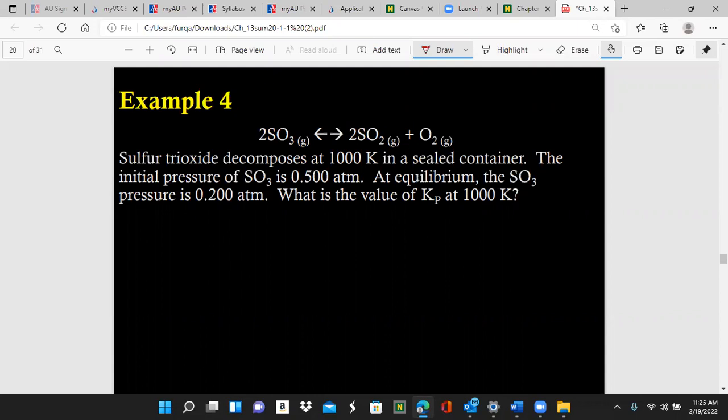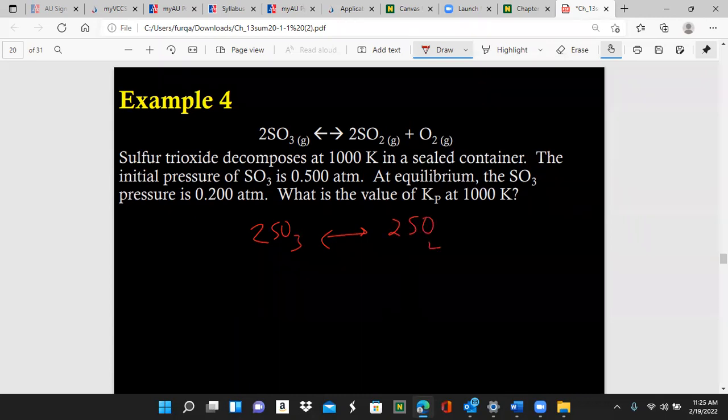Okay. So ICE chart means that you have to sort out the information in a table like this, where I usually use the balanced chemical equation. So I write the reactants and products first. So that's going to be 2SO3, and then I can use an arrow. I can omit the arrow, it's up to you.